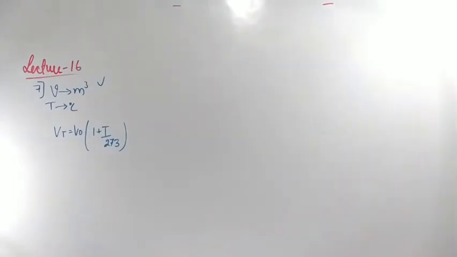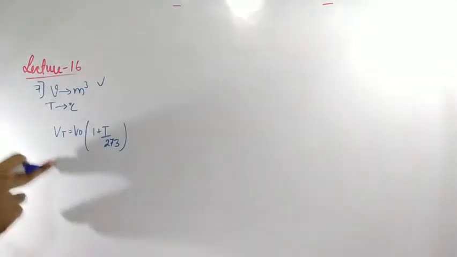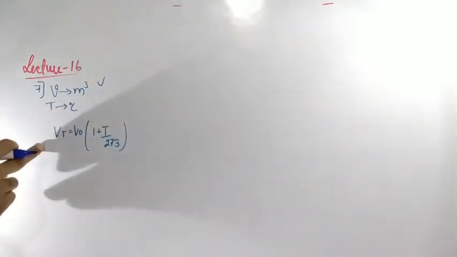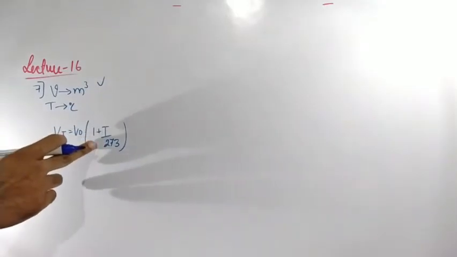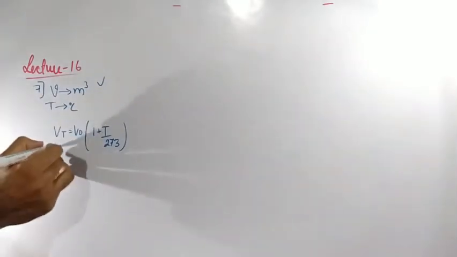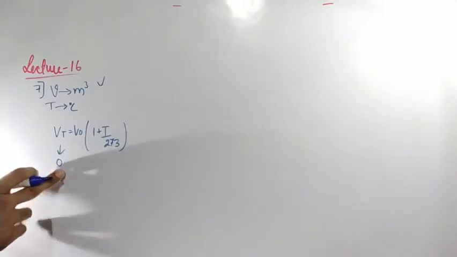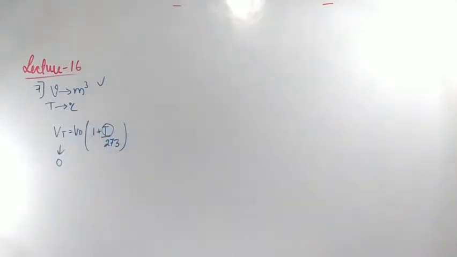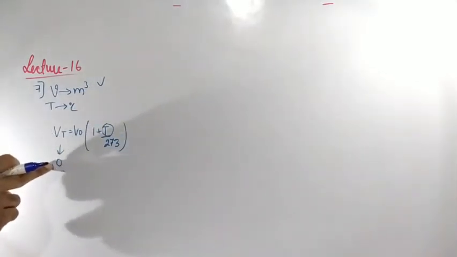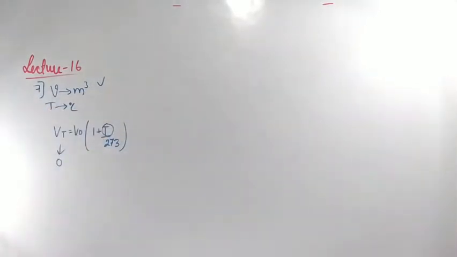Now how are we going to get the graph for this? You tell me, for this complete equation, Vt is equal to V naught inside the bracket 1 plus T by 273. If Vt has to become 0, what value should I substitute for T?